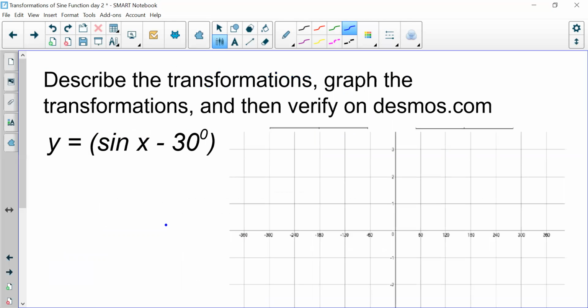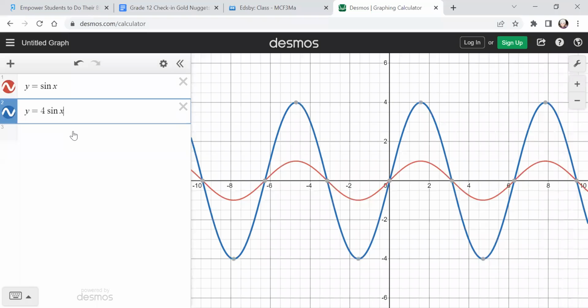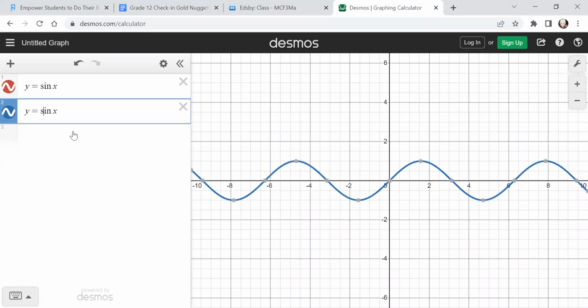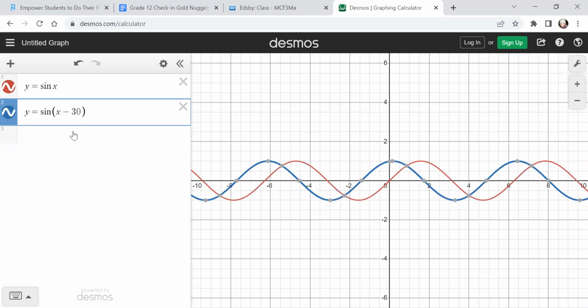It's going to be a little bit harder to see here on Desmos, but we can at least see the basics here. So I'm going to change my blue one again. And because it's a repeating pattern, it's maybe hard to see, did it shift left or did it shift right? But you can see it shifted off of the red.